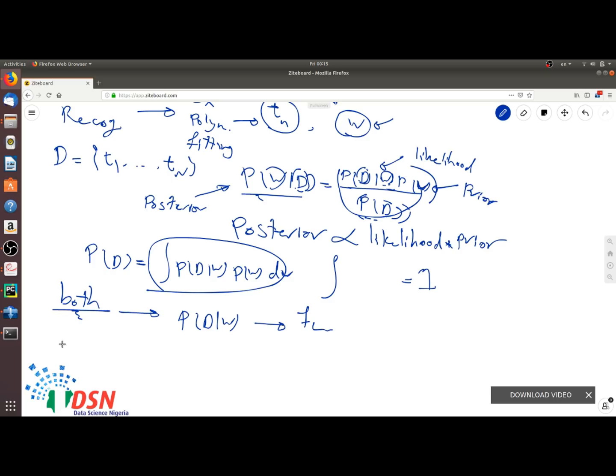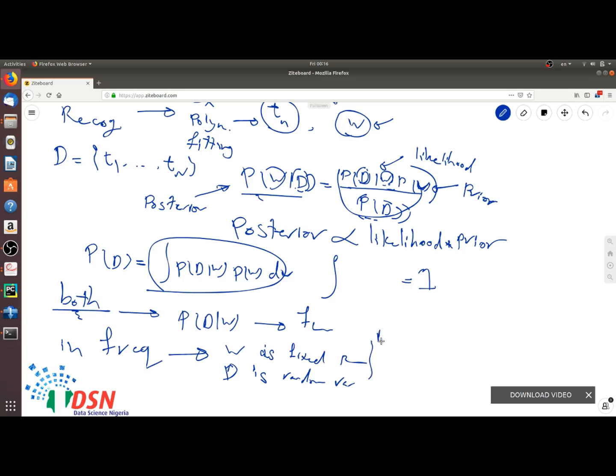As I mentioned, in the Frequentist approach, we see the W as fixed parameters, and we suppose that the dataset is random. The dataset is a random variable.